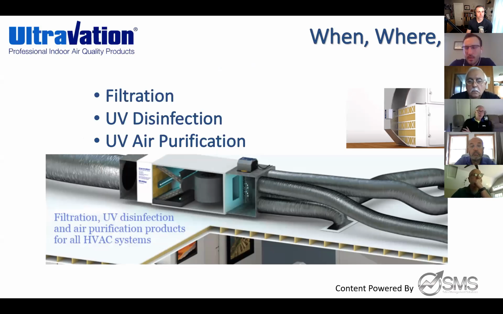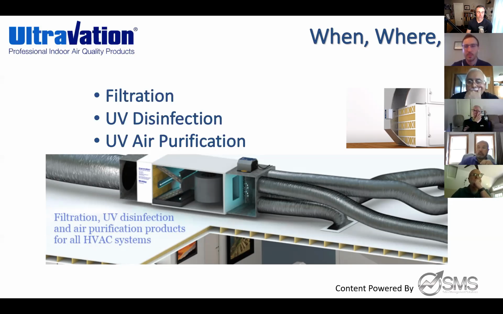So the first thing we always want to look at, and this will be a common theme through the entire presentation, is when, where, and why for IAQ. So the first thing we want to look at is filtration, UV disinfection, and UV air purification. We'll get started first with the upper right picture there.